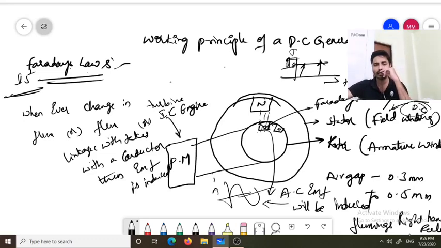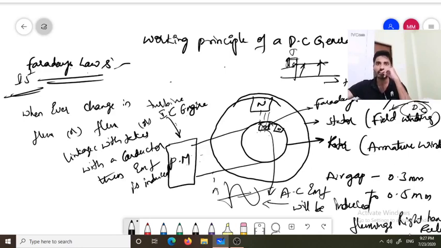So whenever the rotor is rotated by means of a prime mover, which may be either a turbine or an IC engine, which gives mechanical energy to the rotor of a DC generator. As the prime mover is coupled to the rotor, these two are mechanically coupled. As the prime mover is getting rotated, the rotor is also getting rotated.